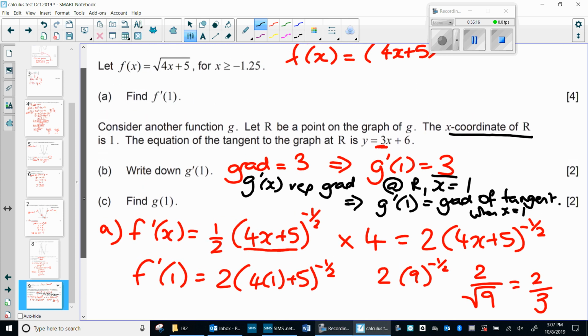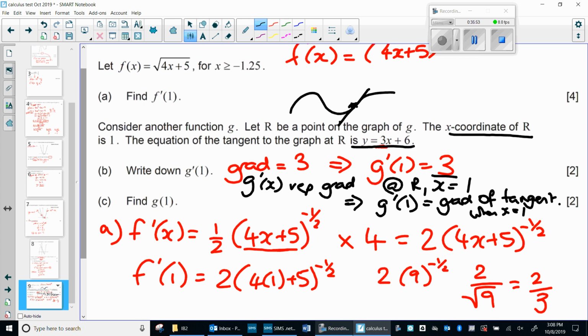Okay, so what are we doing here now? We're finding G(1). All right, so the equation of the tangent, it doesn't matter where our function is. If this is our tangent, then to find the y coordinate, you can just stick it into this function as well.